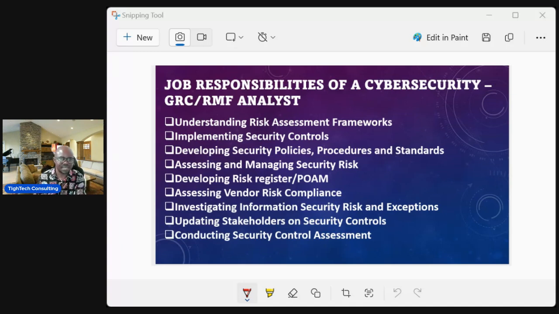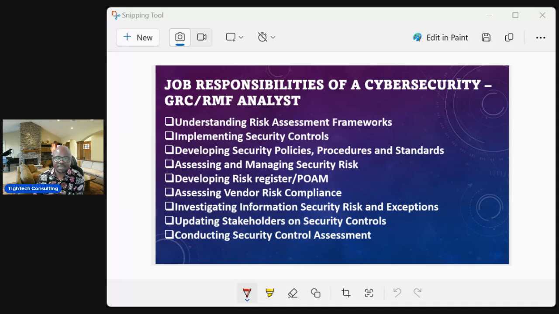What is risk? Risk is the end product of impact and likelihood, meaning that you need to understand what is the likelihood, what is the impact. Understanding both will give you risk. So part of your job responsibility in GRC and in risk management framework is understanding how to determine risk assessment.